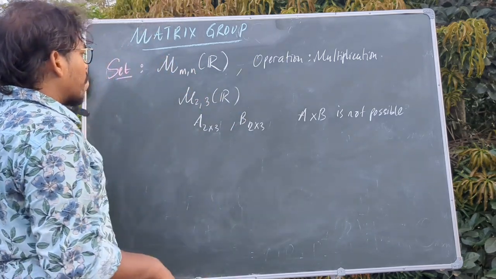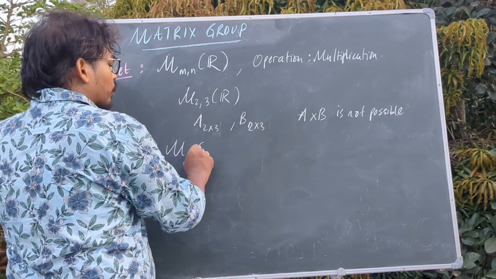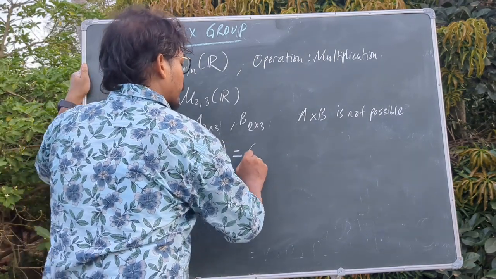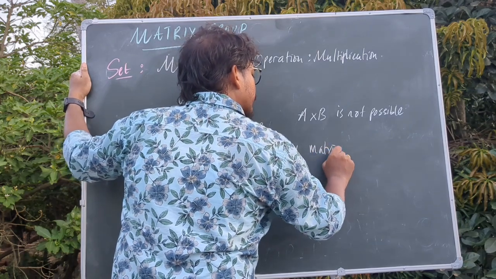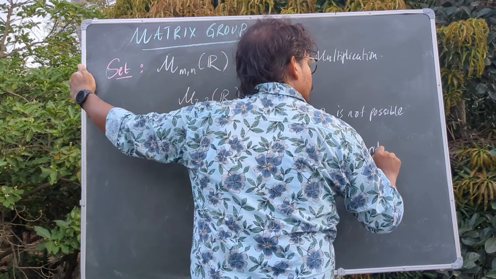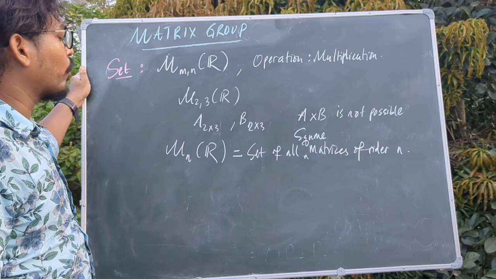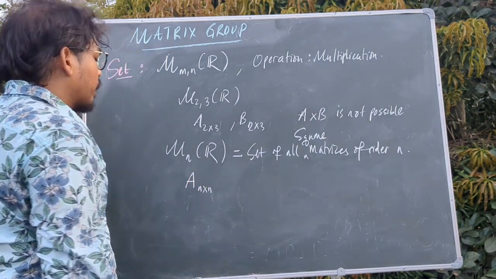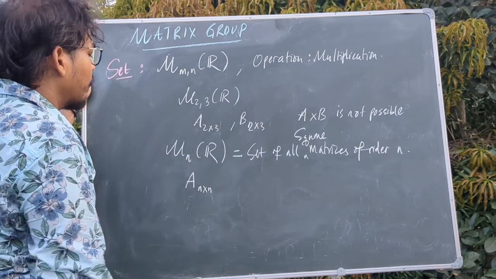So what if m and n are the same? Suppose this is the set of all square matrices of order n. Now we have matrix multiplication. Take any two square matrices of order n. Order n means this is a square matrix, so the number of rows and the number of columns are the same.